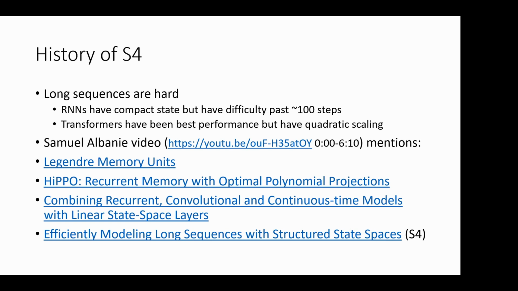Transformers blow that problem away because they don't store hidden state at all. At any moment in time, you can directly look at all of the historical entries, but it becomes a problem with memory and compute, because as the sequence gets really long, it's quadratic in storage and compute.